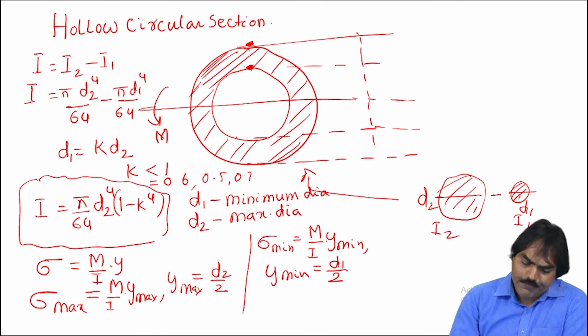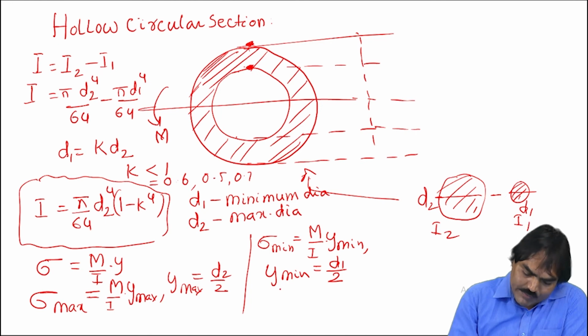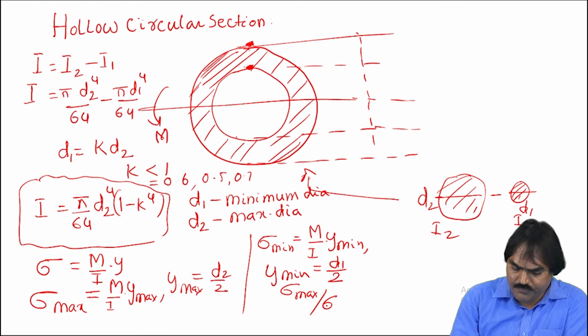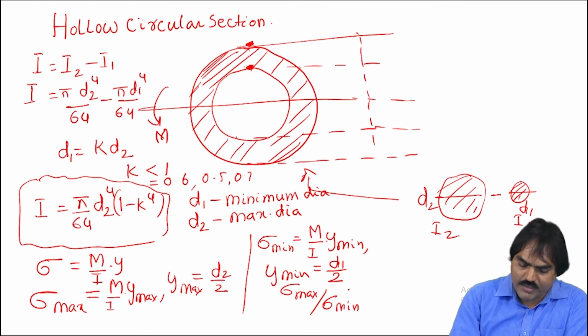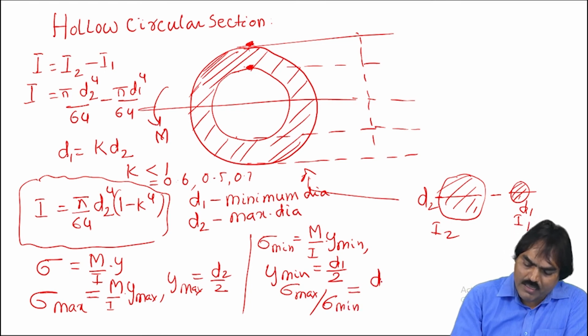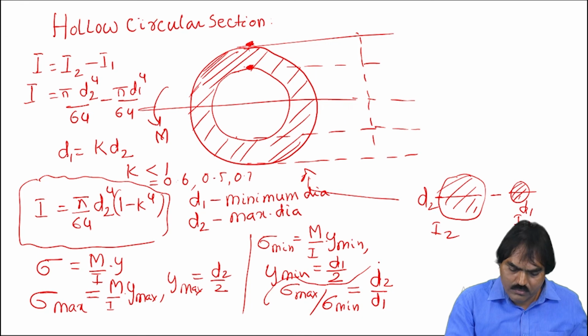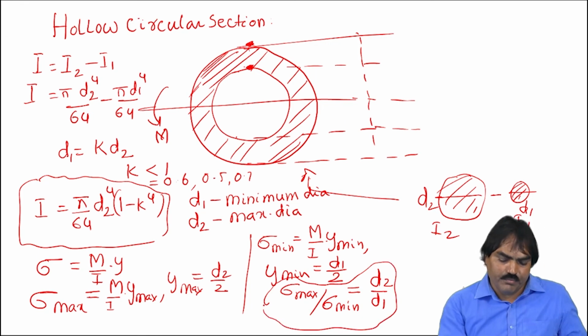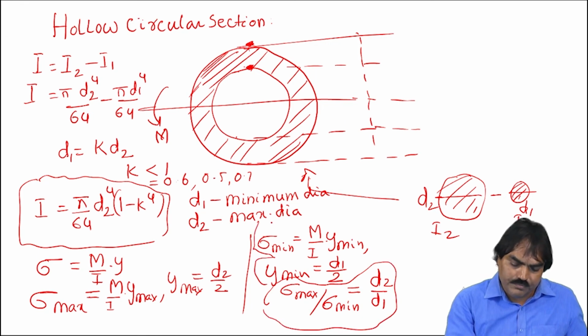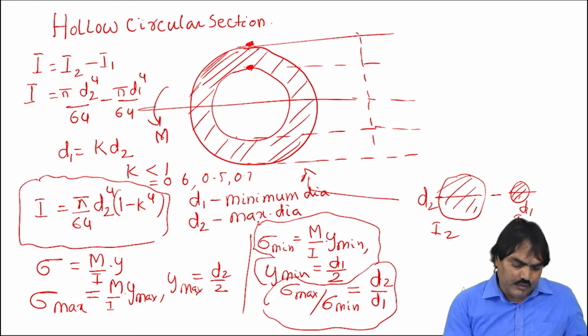If you take the ratio of the maximum stress to that of the minimum stress, it only depends upon the diameters, D2 by D1. This is the equation for finding the minimum bending stress.